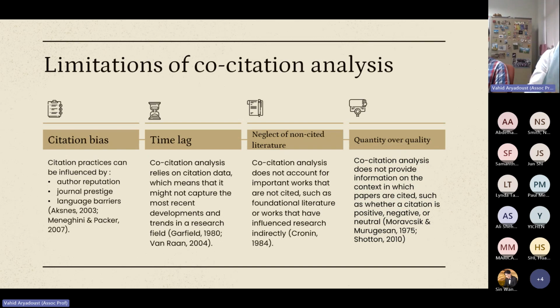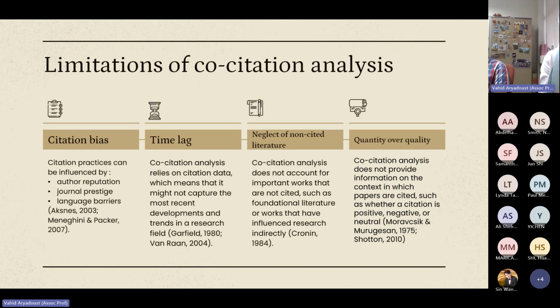So it privileges the quantity of citations, and controversial ideas which may eventually prove to be wrong can have very high citation counts. In a way, they have quite a huge impact, but it's not necessarily that they are correct.